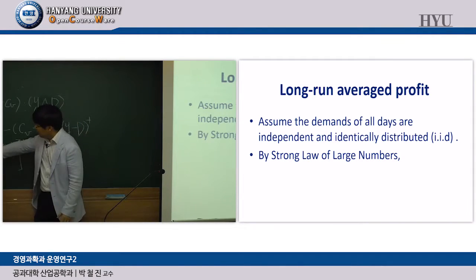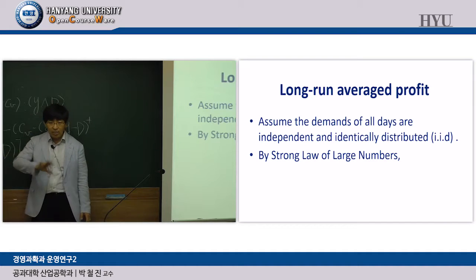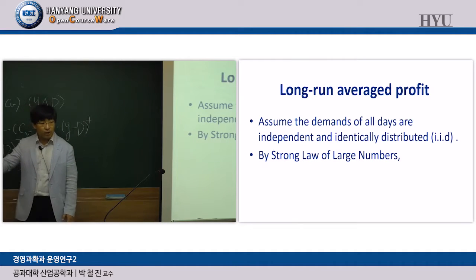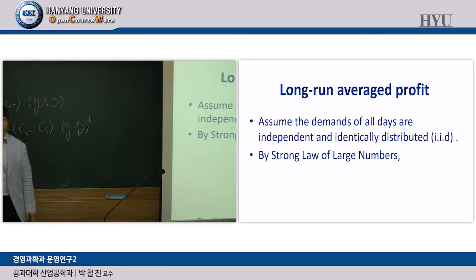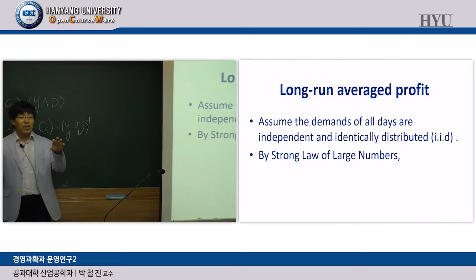Because this is a random variable, profit changes every day. But if we operate this system on and on and on, every day we can figure out the amount of money we earn, right?